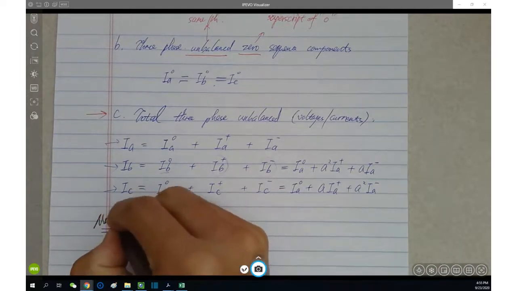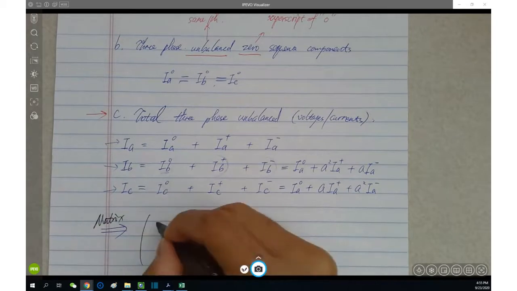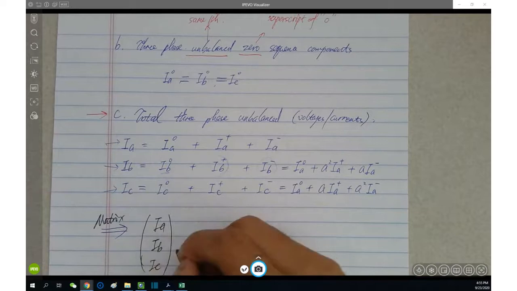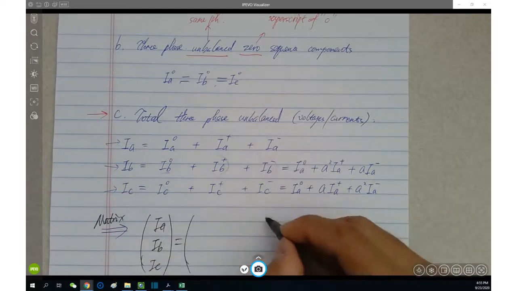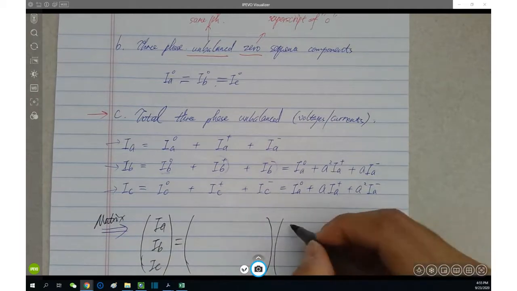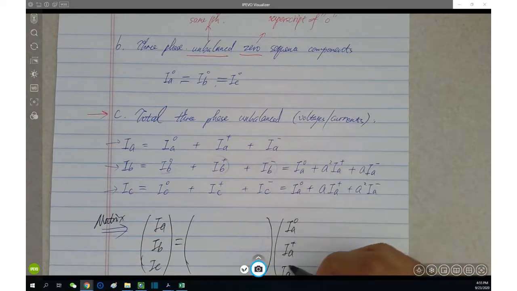In matrix expression, what do you have? IA, IB, IC equals what? How about a square matrix times IA0, IA plus, and IA minus.